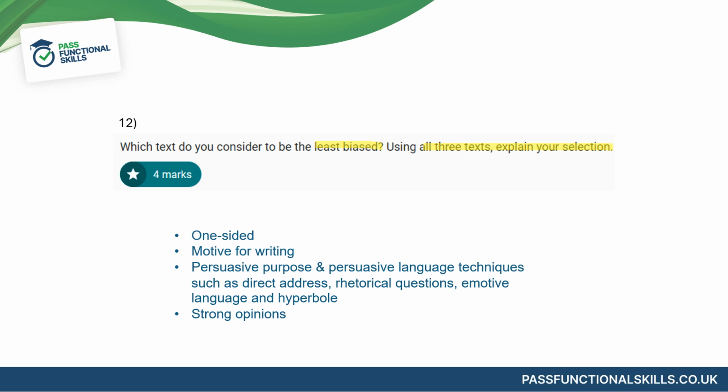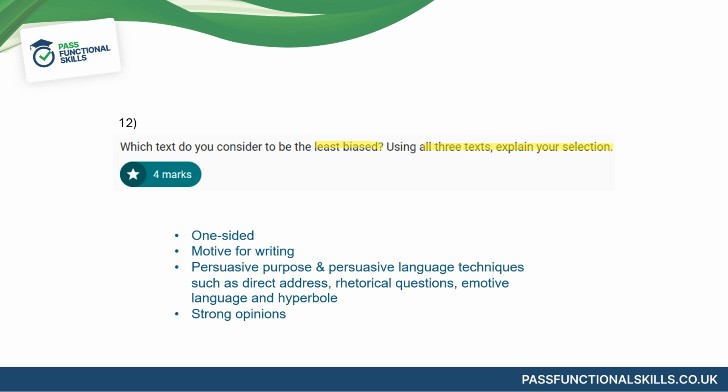That's not necessarily the case. And what I mean by that is a text can contain lots of facts and still be biased if those facts are all one-sided facts. So if an author chooses all positive facts about something, then that text is likely still to be biased, because there's nothing to indicate that it's negative at all. So just bear that in mind.